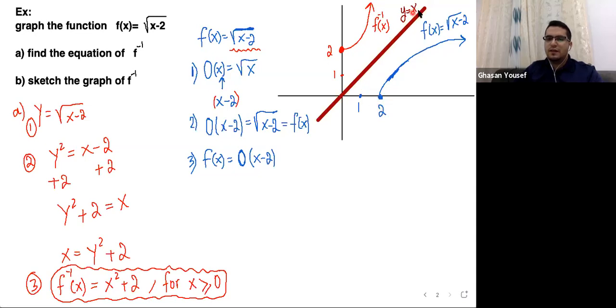When we reflect it around the line, it should give 0, 2. It should be here. Reflecting all the points on this blue curve, it should be something like this. So this is the graph of my f inverse of x, and this is my graph of f of x. This is my mirror, the line for reflection, y equals x. That's it.